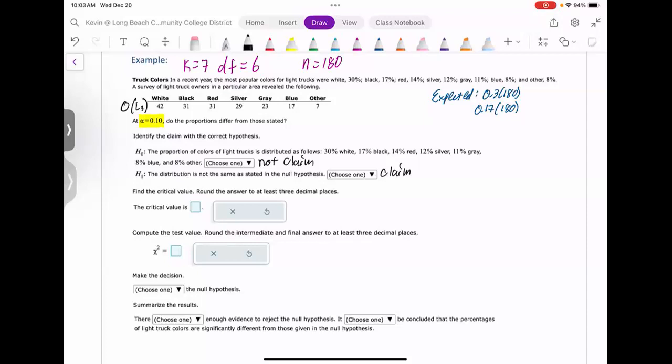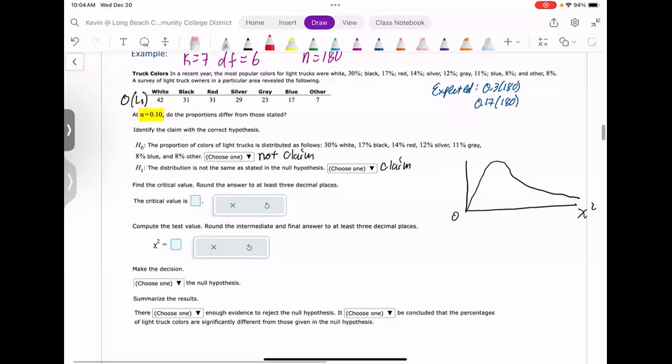All right, so let's draw our picture, which we didn't need to do for the previous one, but this one is asking for this. And again, this is a right tail test. Remember, this is at 10%.